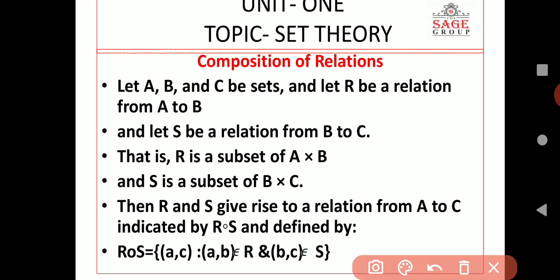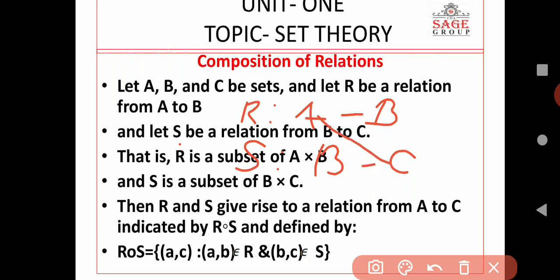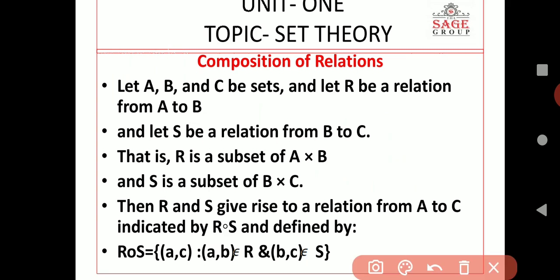Composition of relation is: if A, B and C are sets and we have a relation R from A to B, and we have another relation S from the set B to C, then the relation from A to C is called composition of relation.